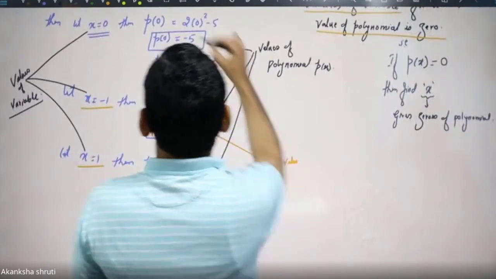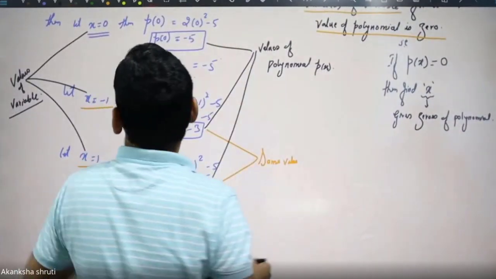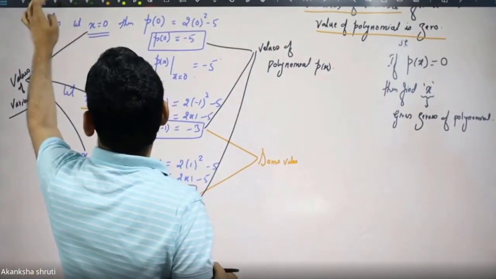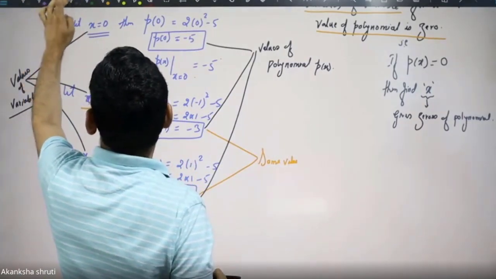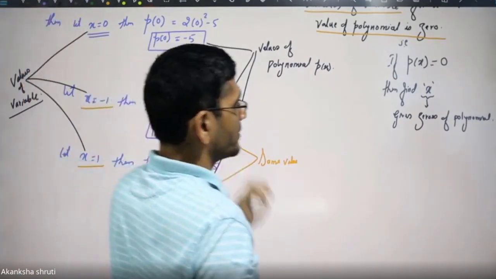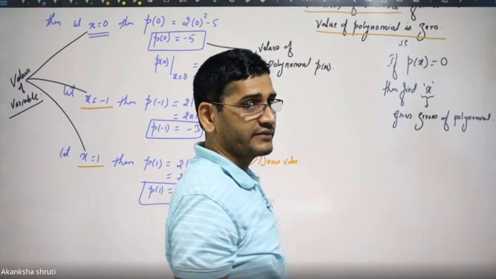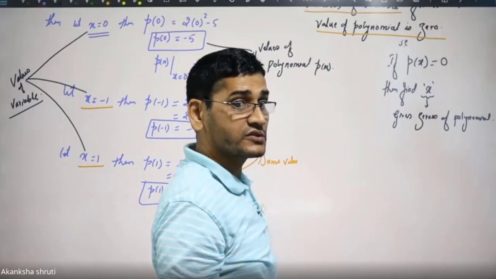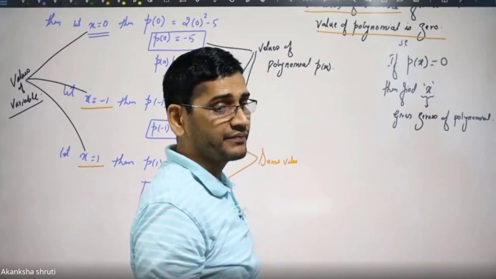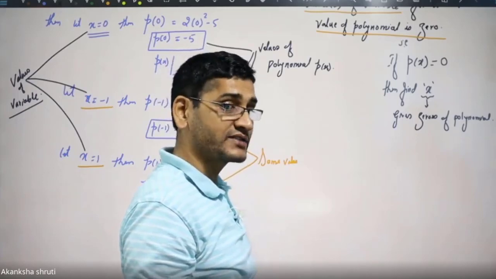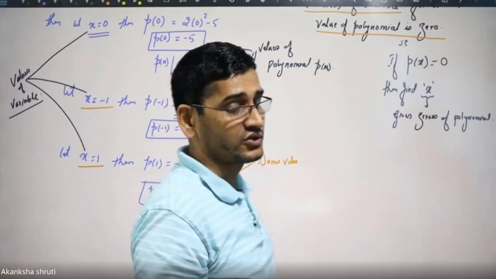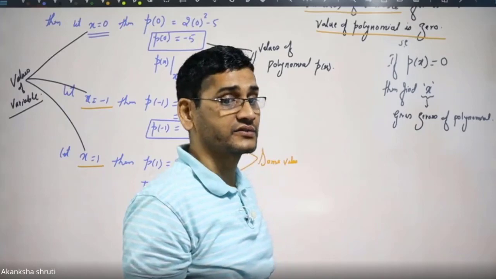So two kinds of things arise. One thing is that either some values of x are given and you need to check whether these are zeros or not, or other times the polynomial is given directly and you will have to find its zeros.